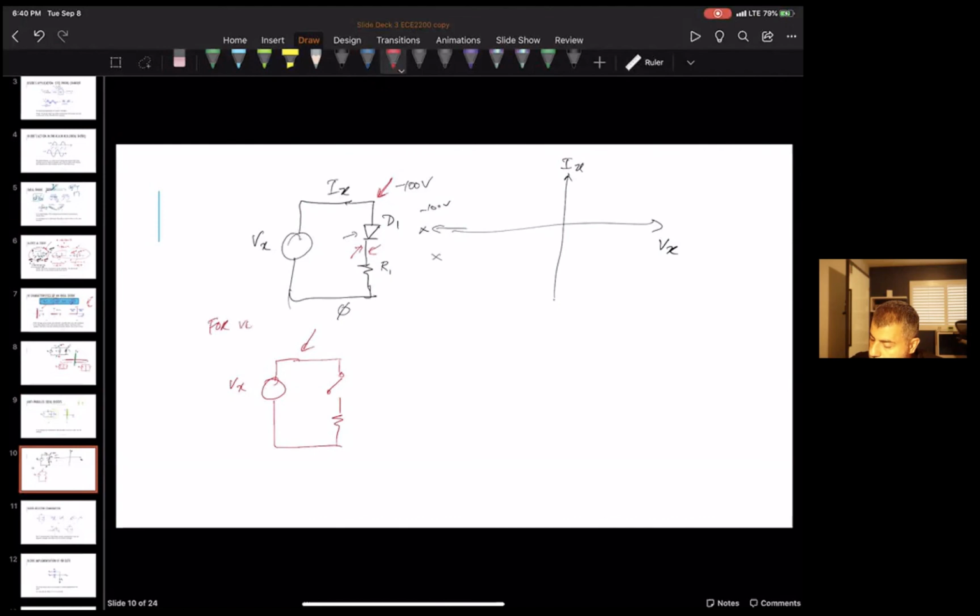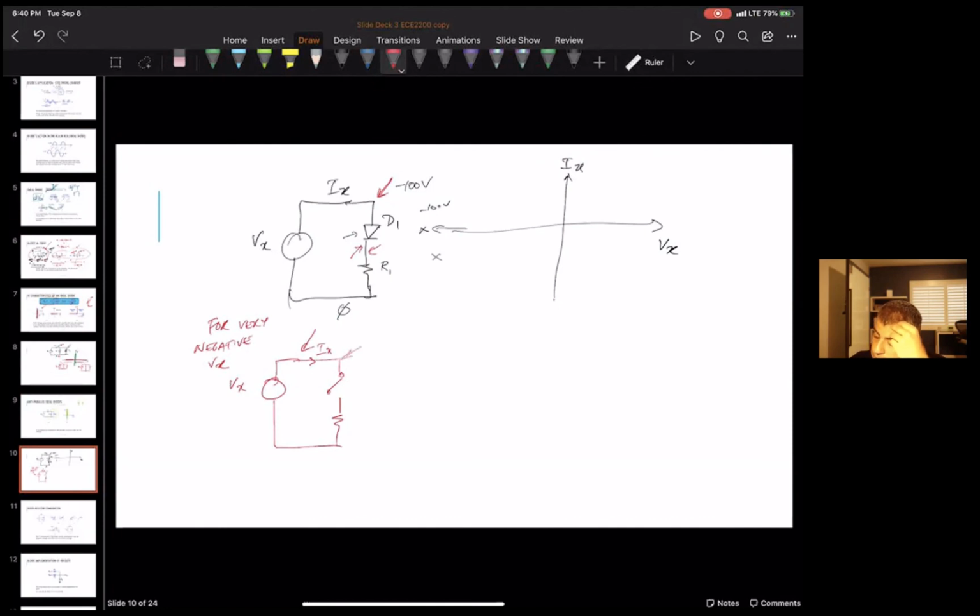For very negative V sub X, and notice we're drawing I sub X versus V sub X, what is I sub X?